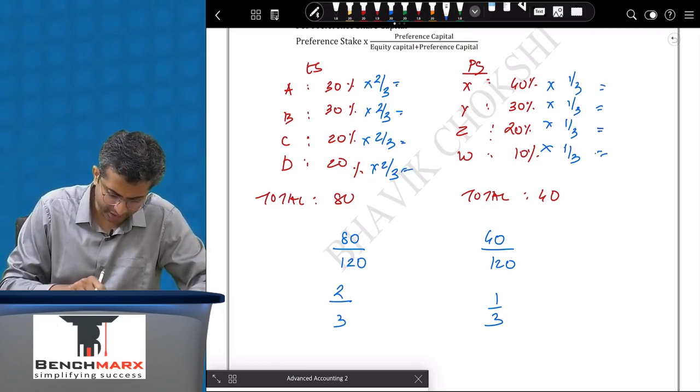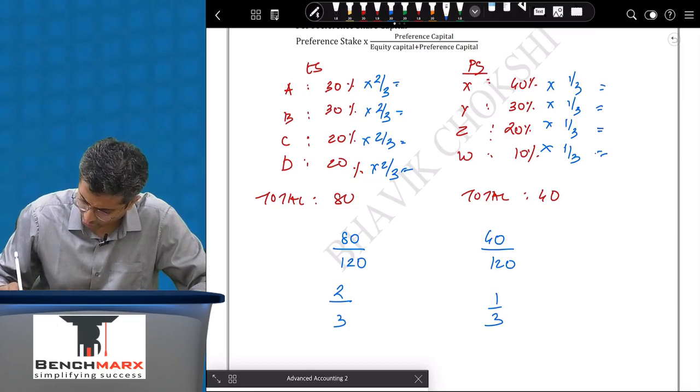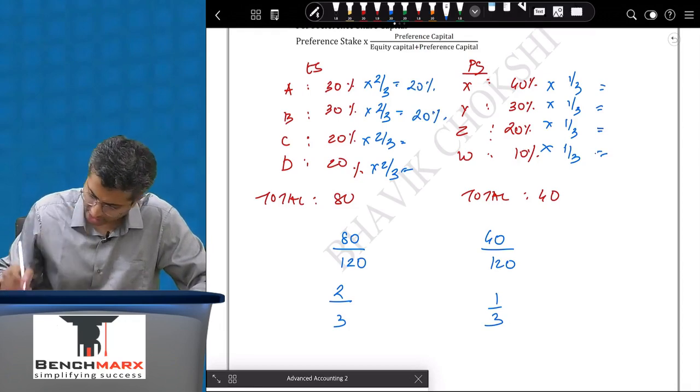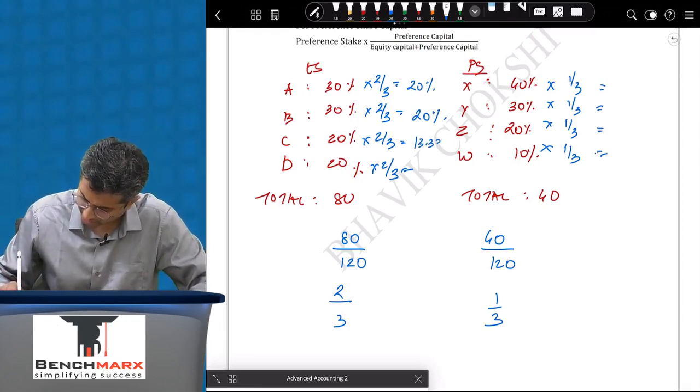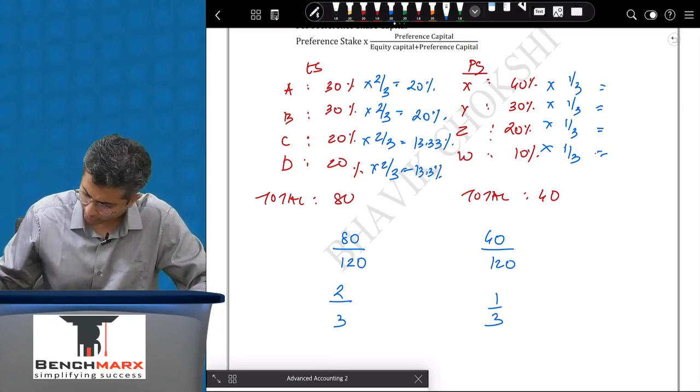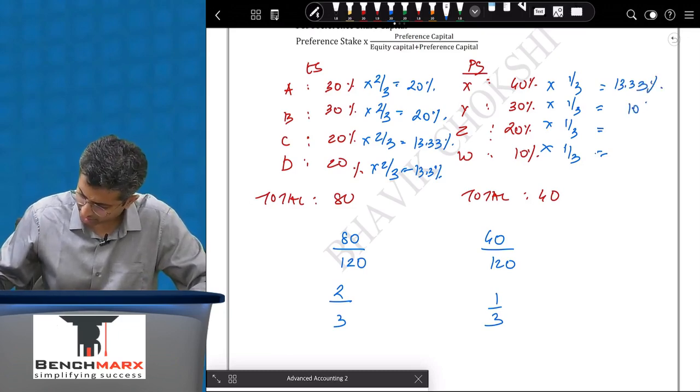and as a result this will give me let's say 30 into 2/3, which comes to, let's say, I think 20% for simplicity. 20 into 2/3, which is 13.33%. Then for the preference shares you will have 40 divided by 3, which is 13.33%. 30 divided by 3, which is 10%.